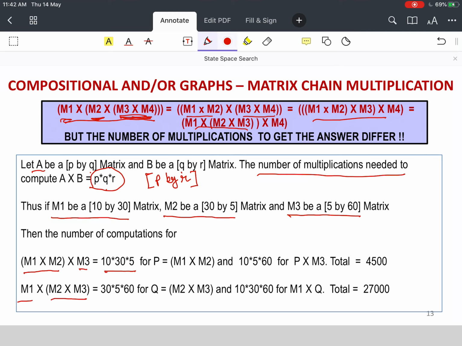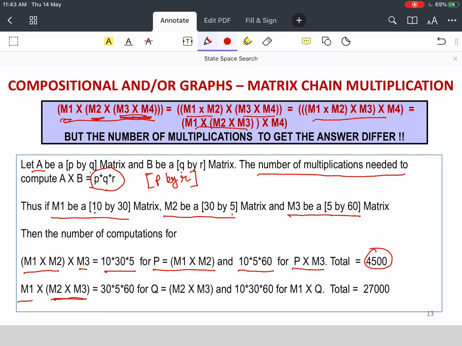And then after I multiply M1, M2, what I get is a 10 by 5 matrix, which I have to multiply to a matrix of 5 by 60. So I will require 10 into 5 into 60 for this, if I've got P equal to M1, M2, and then P into M3, which will give me 4500.